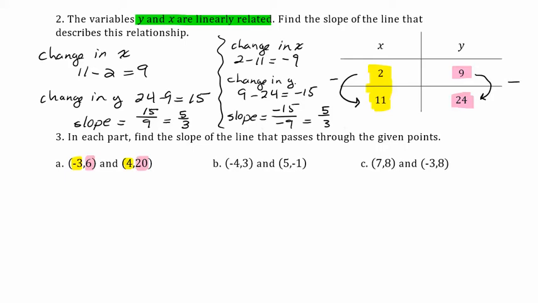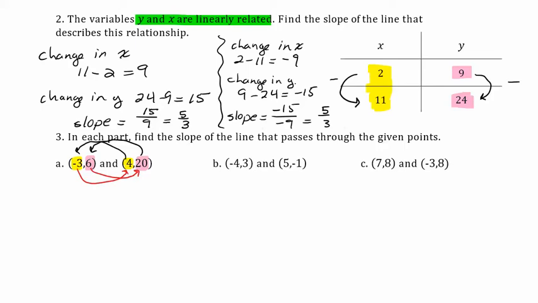It might be easier one way with the negatives. You decide. So do you want to do 20 minus 6 and 4 minus negative 3? Great. Or do you want to do 6 minus 20 and negative 3 minus 4? You decide, as long as you're consistent.